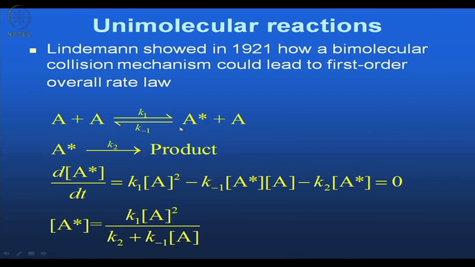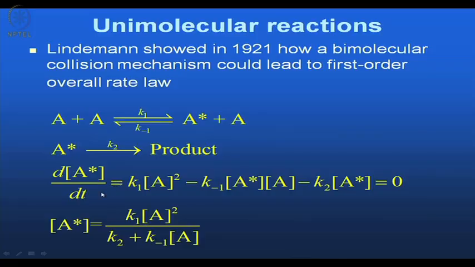This excited molecule may undergo several processes: it may just get deactivated by collision with A, or by collision with the wall, or it will undergo a further reaction to give you product. Further reaction might require some rearrangement of the molecular geometry.